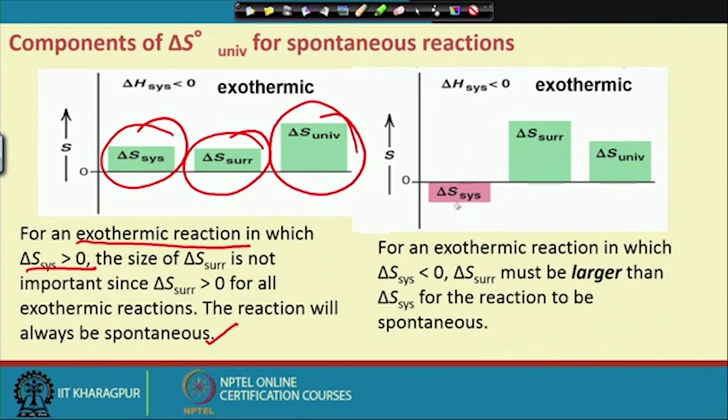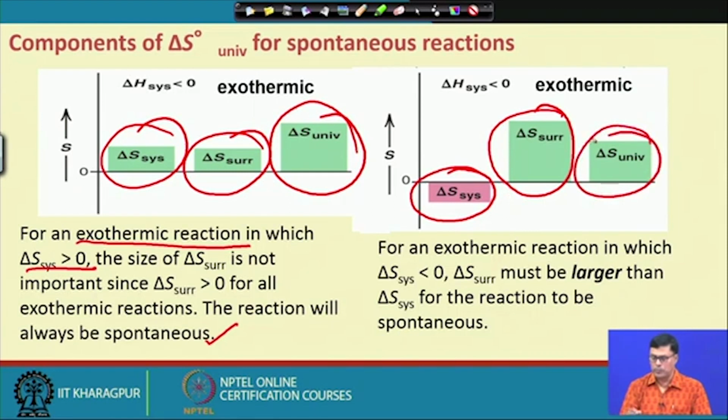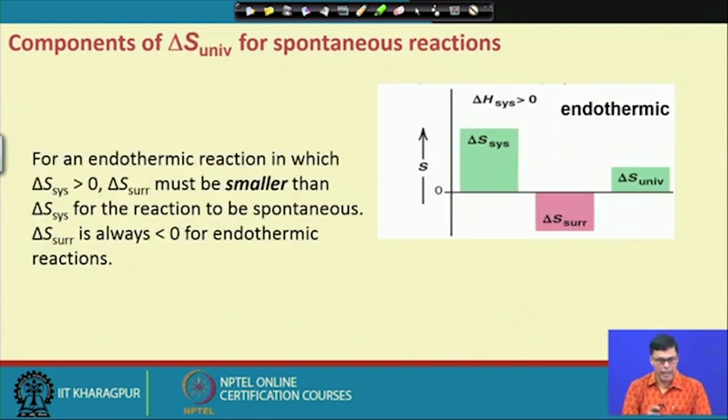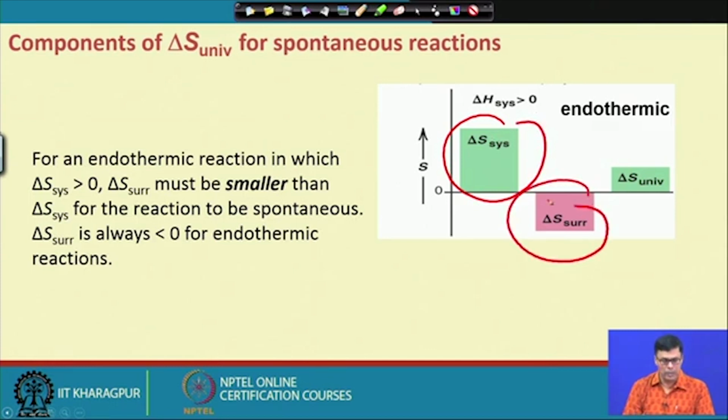Now, in this case the change of entropy of the system is negative, but if the change of entropy of the surroundings is more than the change of entropy of the system, then the entropy of the universe will be positive. Another instance is an endothermic reaction, in which the change of entropy of the system is positive, and the change of entropy of the surroundings is also positive but smaller than that of the system.